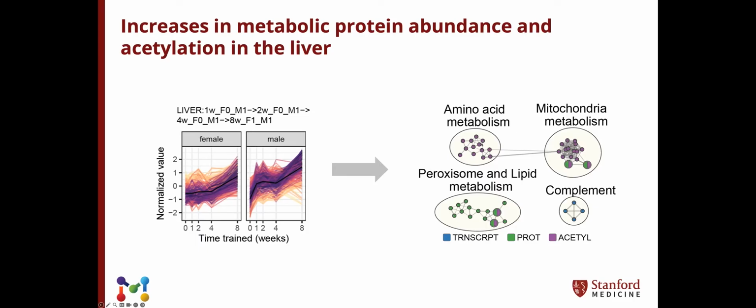And here, each circle is one pathway. So this just shows the overall classification. And purple means it's an enrichment at the protein acetylome level. We can see that mitochondrial metabolism is also mostly affected at the acetylome level, but also at protein abundance. We also have peroxisome and lipid metabolism that's affected.